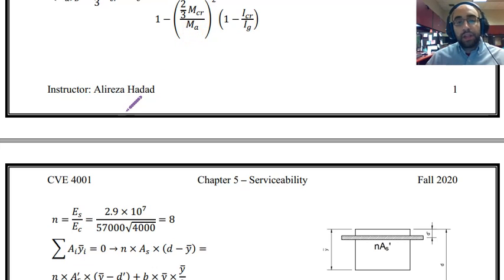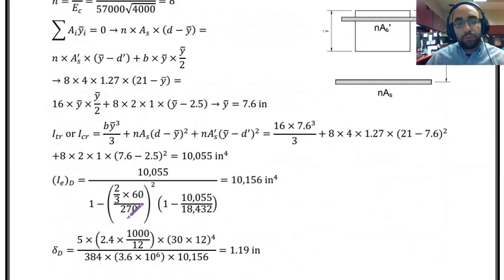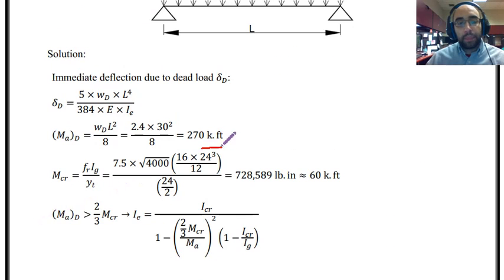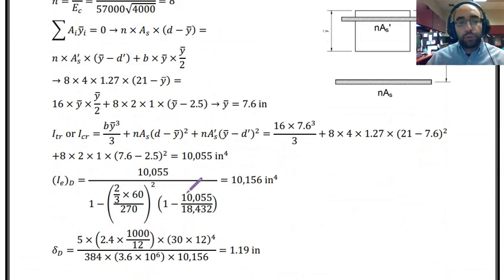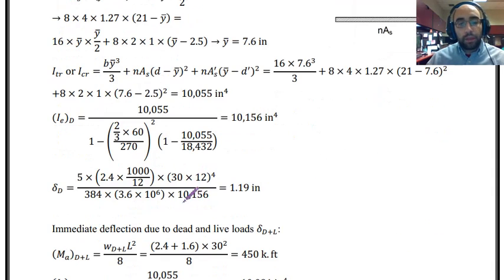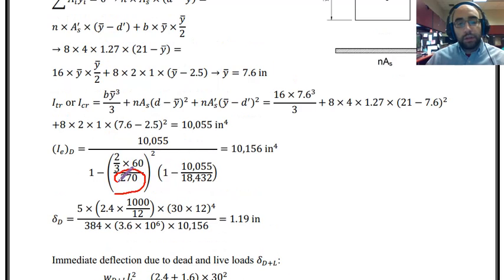And since right now we are looking at the deflection because of dead load, the moment that we are putting over here is the moment because of dead load. We calculated it over here, right? So putting that in the equation, everything else is calculated already. Calculating this equation, the final value is equal to 10,156 inch to the power 4.